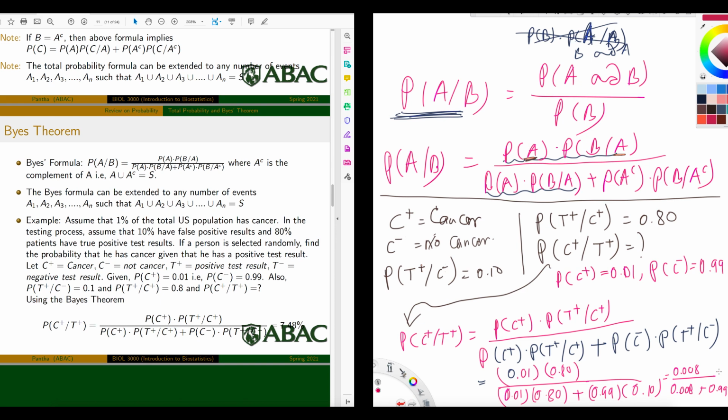So you get 0.008 divided by, in the parenthesis, 0.008 plus 0.99 times 0.1.